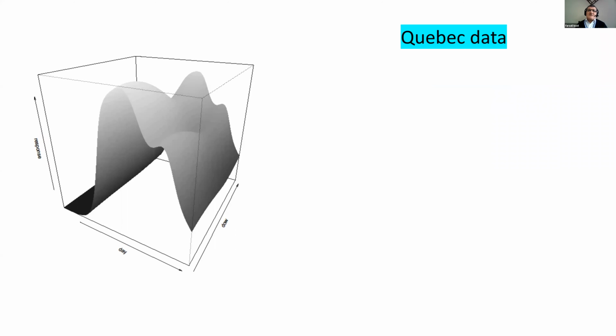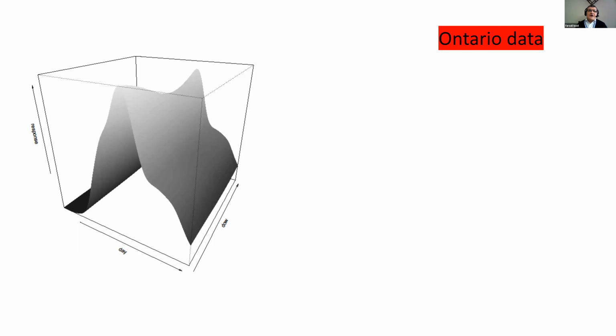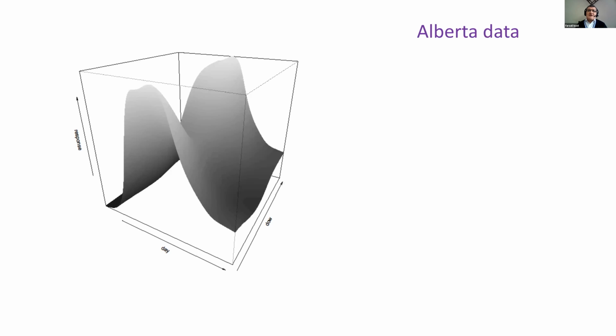In the case of Quebec, the saddle point is very sharp. Also, we have a local minimum. For the Ontario case, it becomes smoother. And for the Alberta case, the saddle is very deep. As I said, Alberta is not so normal.